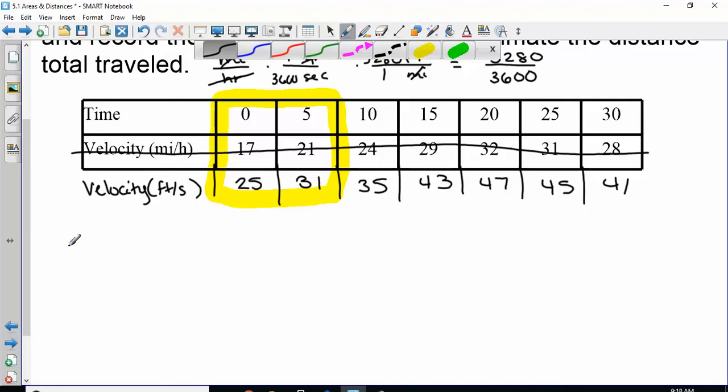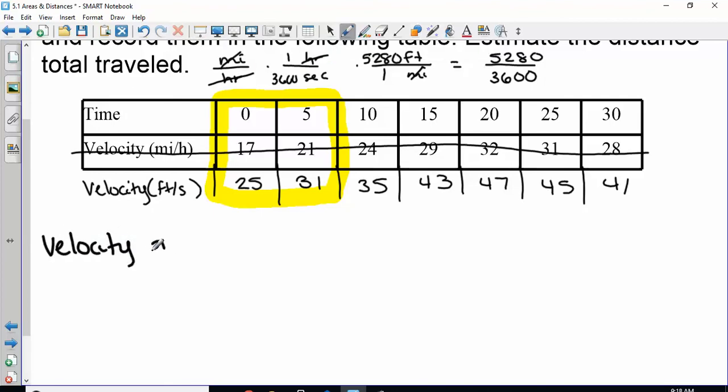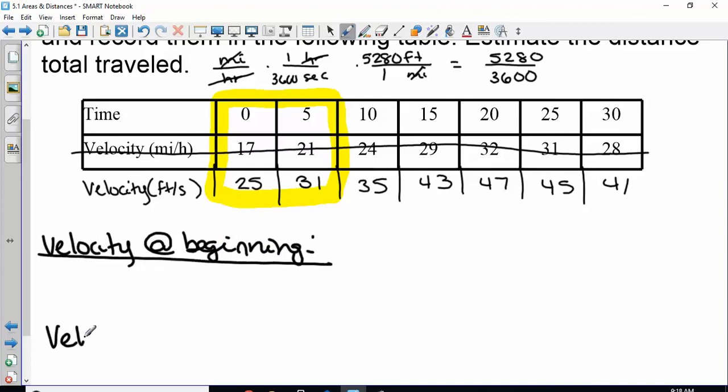So we are going to do it once from the velocity at the beginning, and then once from the velocity at the end of our time interval. Distance is just rate times time. Between 0 and 5, how long were we traveling? Just 5 seconds.